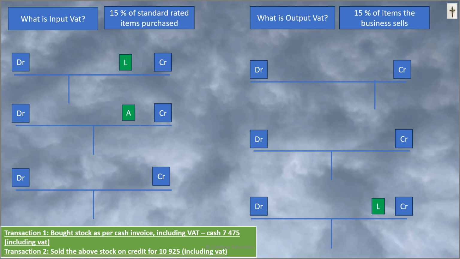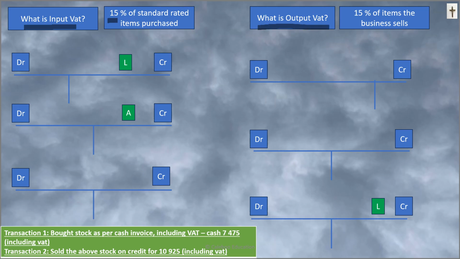If you look at the top, what is input VAT? Input VAT is 15% of standard rated items purchased. So we can claim 15% on an item that is used for our business in operations in order to generate a profit. What is output VAT?